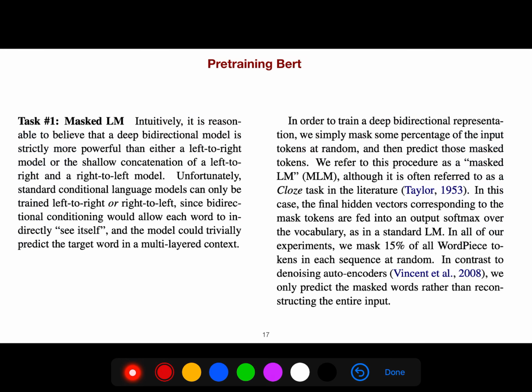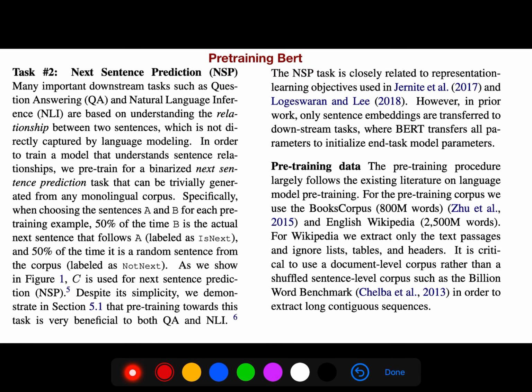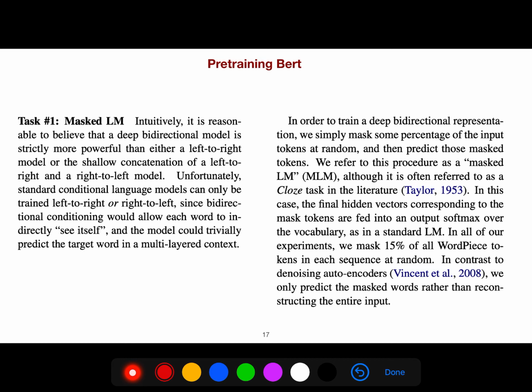So pre-training BERT has two tasks. When you implement it, we add the losses, because we have the masked language model for pre-training and also next sentence prediction. Task one, as I said, is just the masked language model.